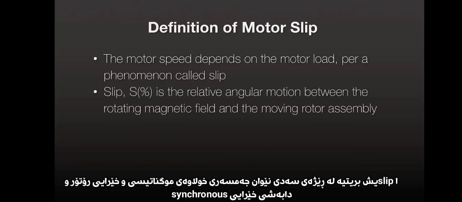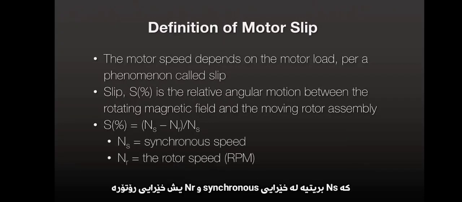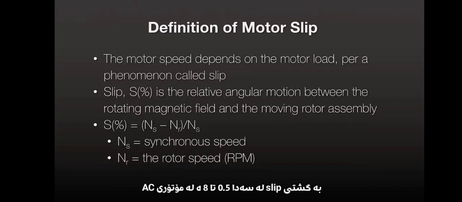You calculate slip as a percentage of the relative angular speed between the rotating magnetic field and the rotor, and then divide by the synchronous speed. Algebraically, slip equals ns minus nr, and then divide by ns, where ns is the synchronous speed and nr is the rotor speed in RPM. Typical slip in AC motors ranges from 0.5% to 8%.